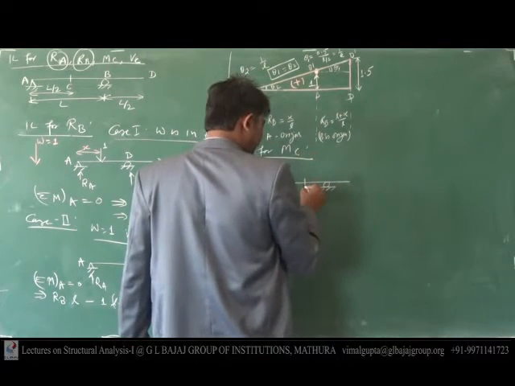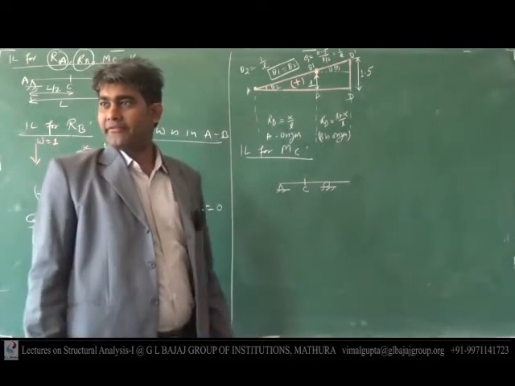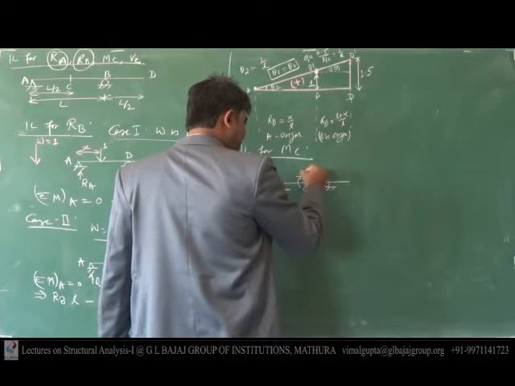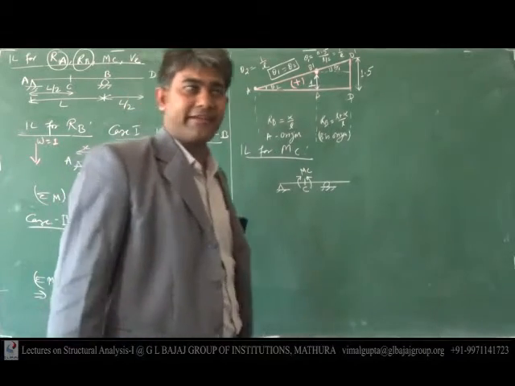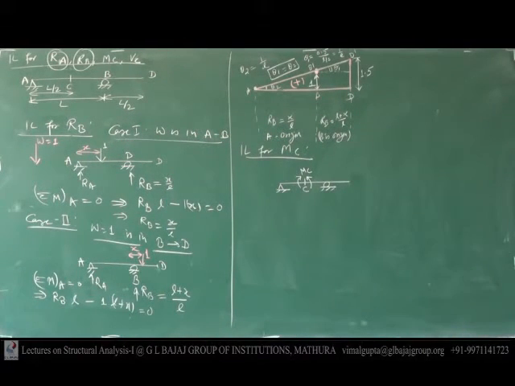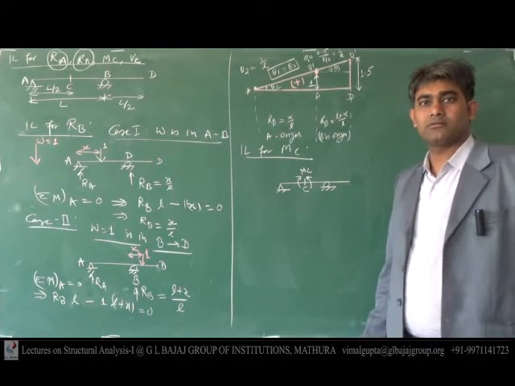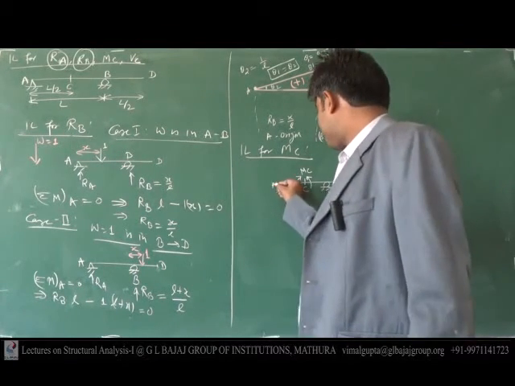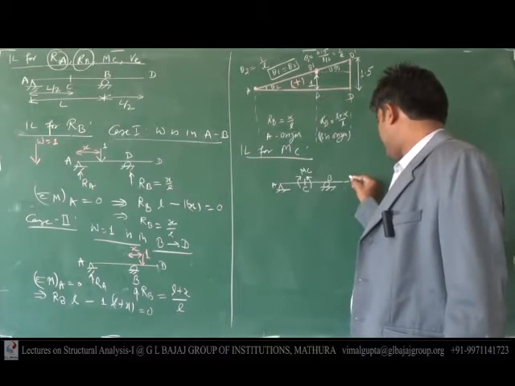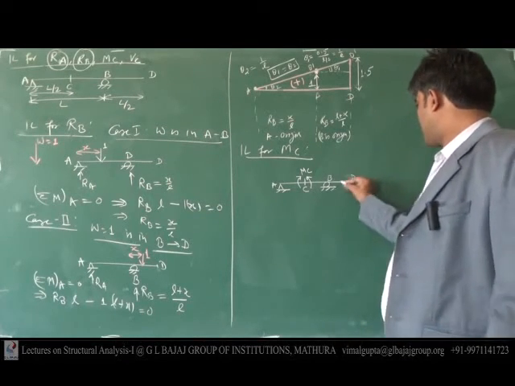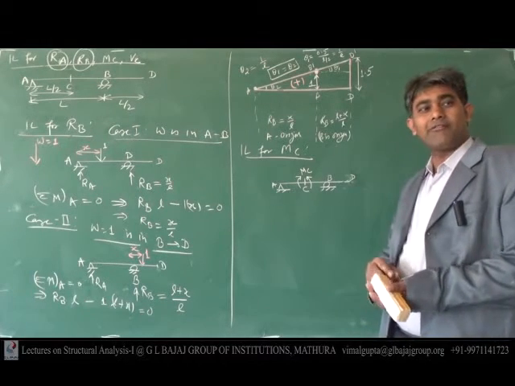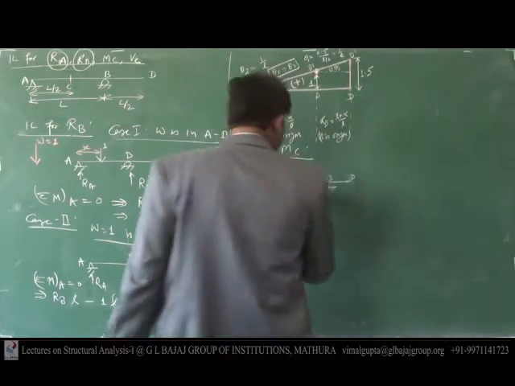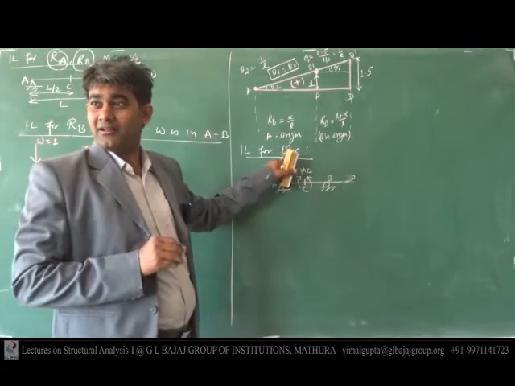This is point C. And suppose this type of bending moment is here at point C. This point is A, this point is B, this point is D. How many segments do we have to consider for bending moment at point C?